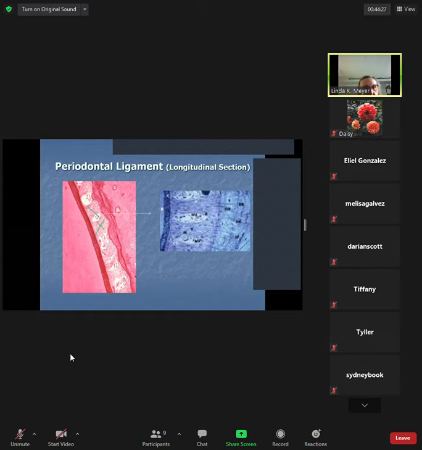See how they're parallel dense bundles of type 1 collagen here. And then if we notice, they alternate with these areas of loose connective tissue, the interstitial areas. So where the white space is, that's where there's loose connective tissue. And this is just a blood vessel in that loose connective tissue in cross section.